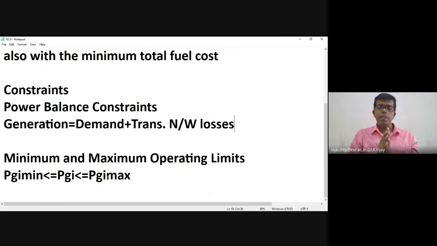If you take a thermal generating unit, say a 1000 megawatt generator, and read the nameplate, there will be some conditions. You have to run the generator at a minimum speed.